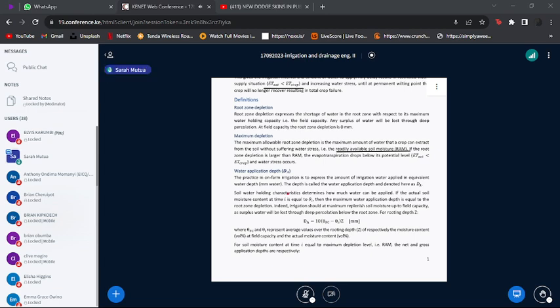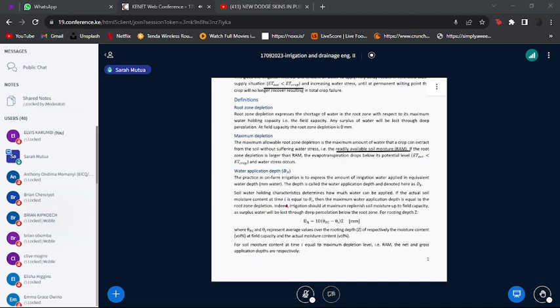Now, for starters, if you remember, during the soil-water plant relationships, each particular soil has a specific characteristic when it comes to the water holding capacity, the theta FC and the theta PWP.